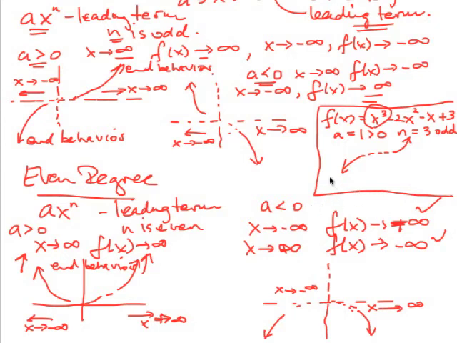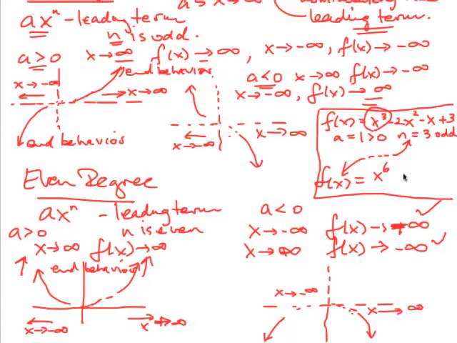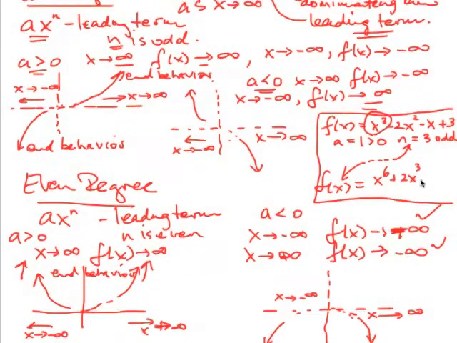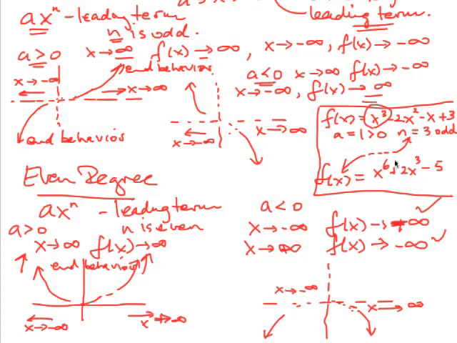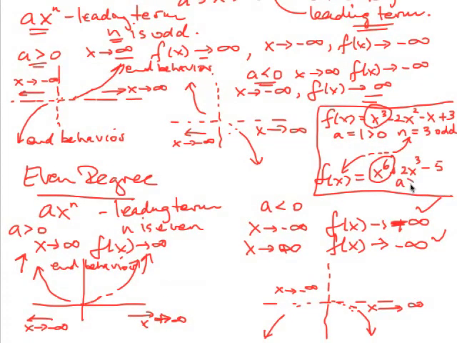And what if I had something like f of x is equal to x to the 6 plus 2x cubed minus 5? Then again, here is our leading term. Now it's even. Again, we have a equal to 1, which is greater than 0.